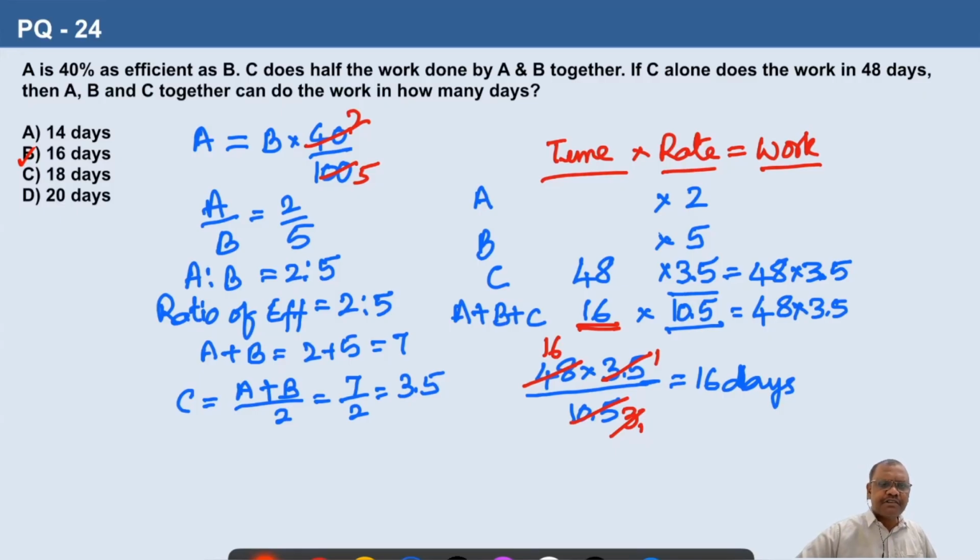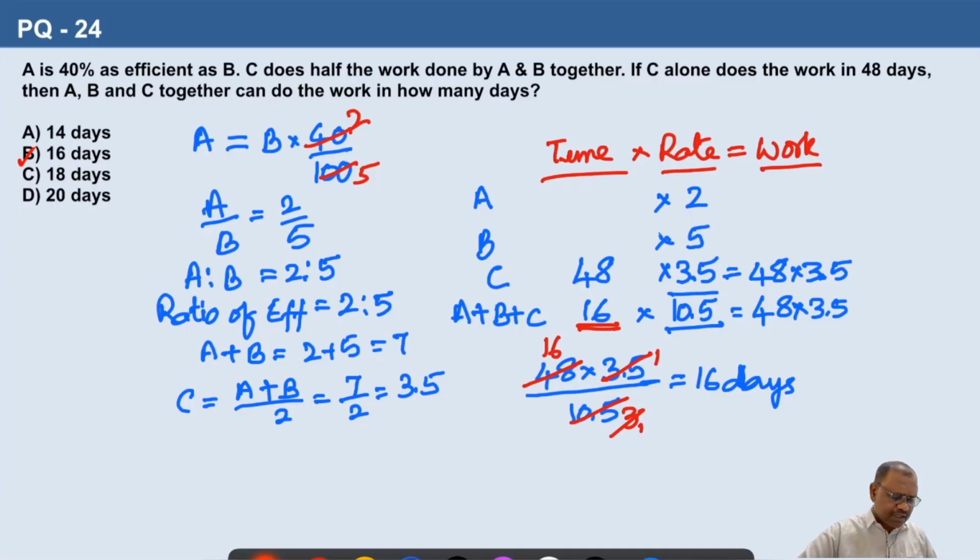So ratio of efficiencies is 2:5. The total efficiency of A and B is 7. Half of that is 3.5. That is the efficiency of C. So if you write down the table here, according to the formula, time into rate is equal to work. C will take 48 days to complete the work. His efficiency is 3.5.